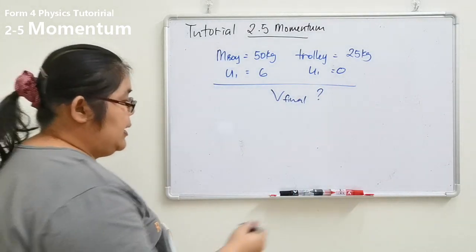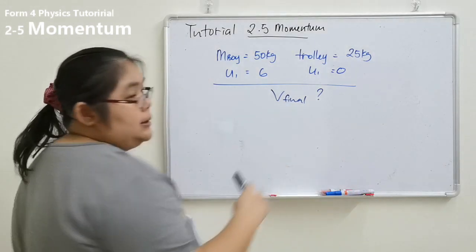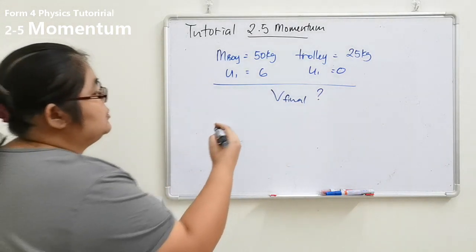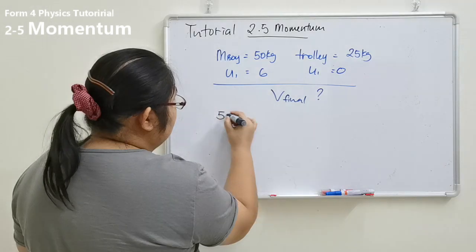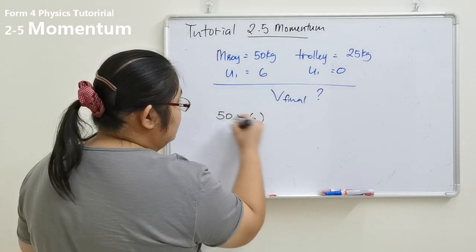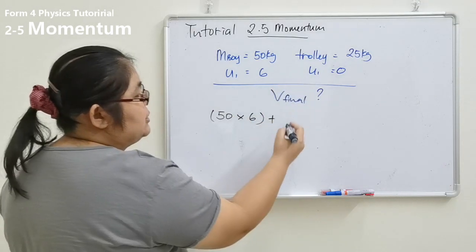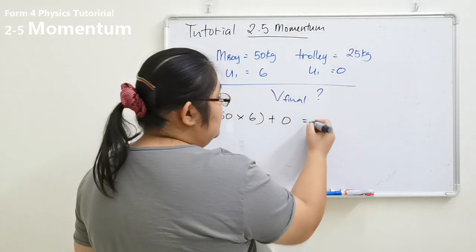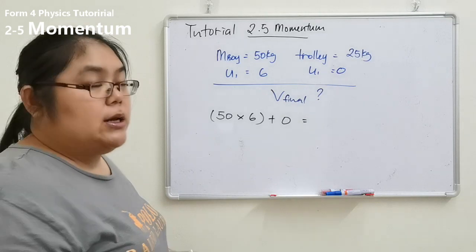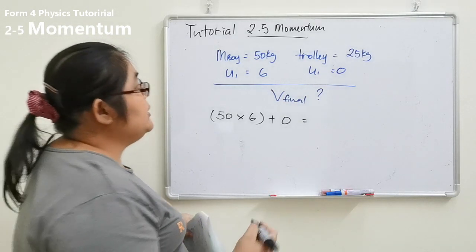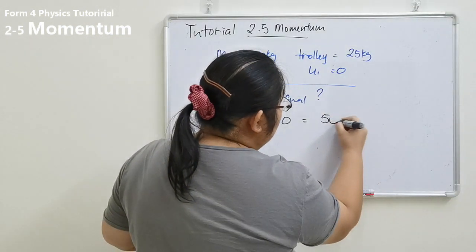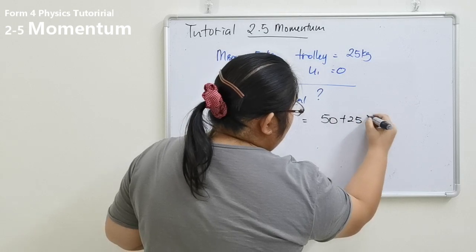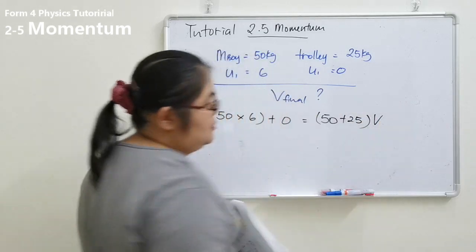So from here we apply the formula for the inelastic collision. The first one is 50 multiplied by 6, plus stationary, so there's a 0. After collision, they stick together, meaning the masses are added together, 50 plus 25, moving with the final velocity.